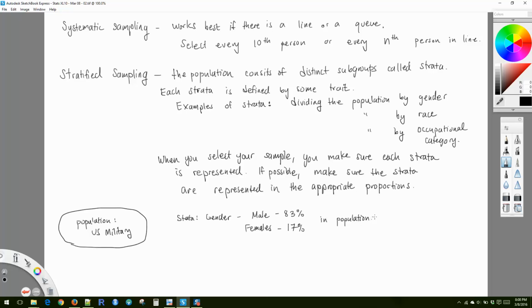Okay. So when selecting a sample, instead of just randomly selecting people from the military, this is one way to get a sample. If we're going to do stratified sampling, we're going to make sure we get males, and we're going to make sure we select females, and we're going to make sure that our sample is 83% male and 17% female.